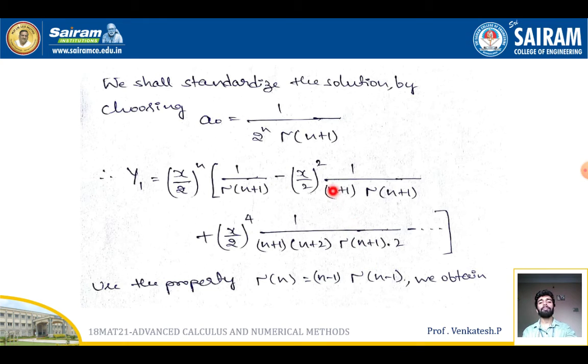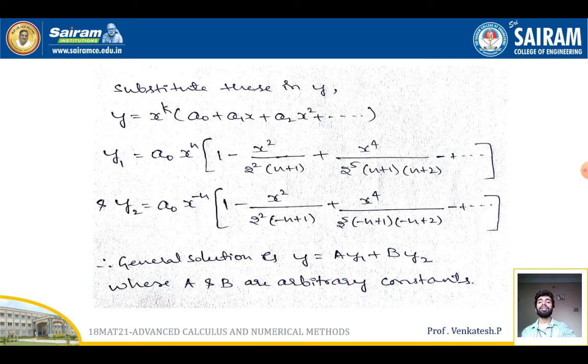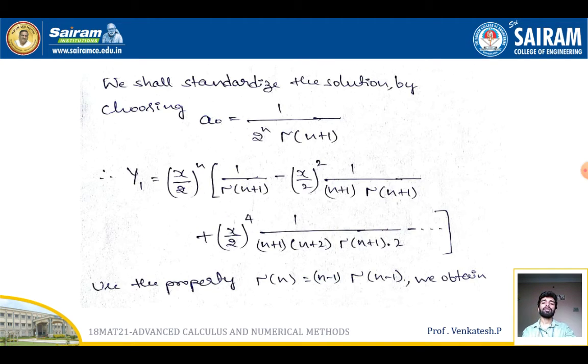So I'm just multiplying 1 by gamma of n plus 1 inside the bracket, and combining x power n by 2 power n as x by 2 whole power n. So I got this equation here.